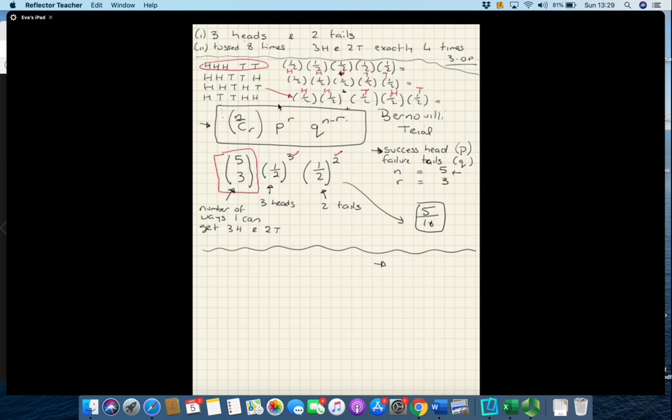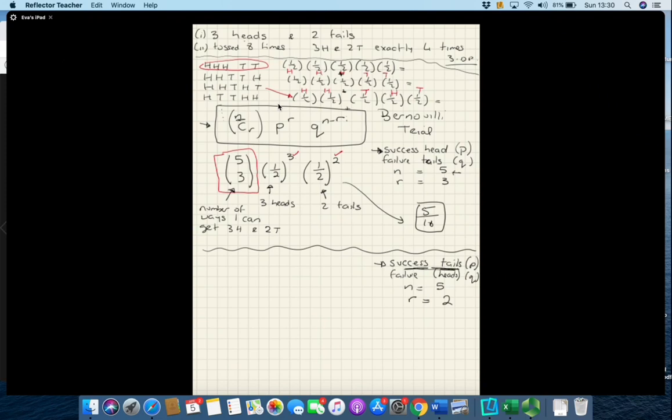We follow the same format. Let's just say we thought that our success was tails. So that became my P. We thought that our failure was heads. That was Q. We're still doing 5 trials, except in this case our R is 2 because we want our number of successes, which we're deeming to be tails, to be 2.